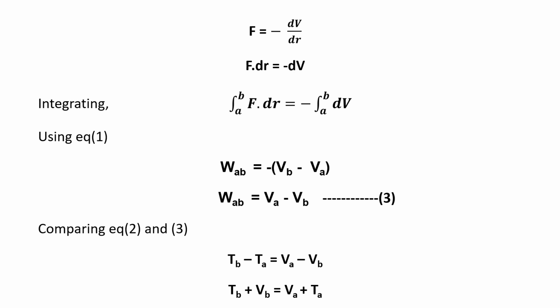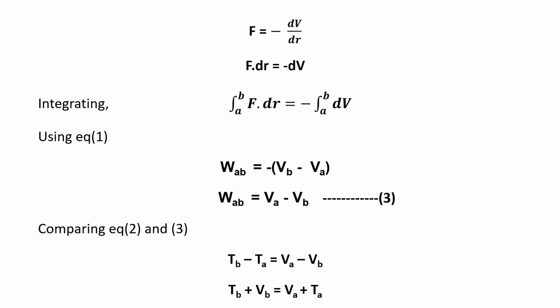Now rearranging the equation, taking VB from the right hand side to the left side, it becomes positive, and taking minus TA from the left hand side to the right hand side, it becomes positive TA. So the equation becomes TB plus VB is equal to VA plus TA.